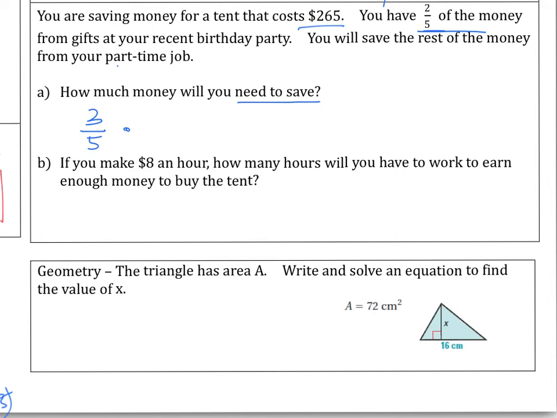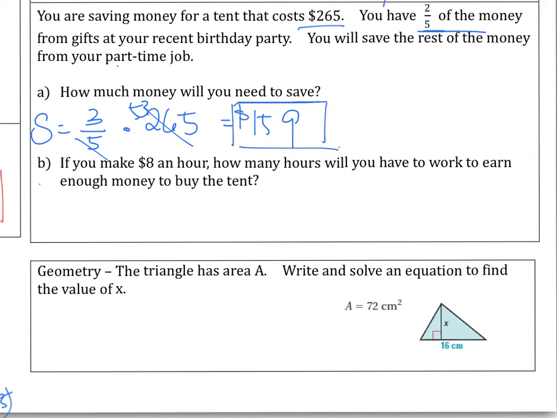So you're going to have to multiply that by 265. I'm going to let S be the amount that you will need to save. Okay, so $159 is what you need to save.